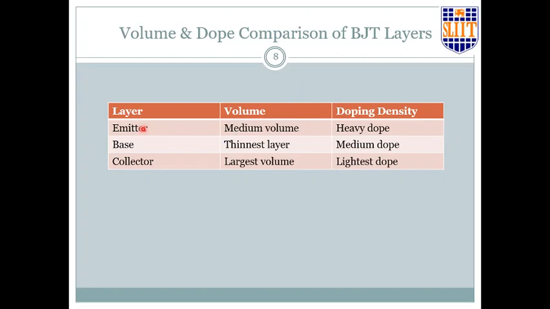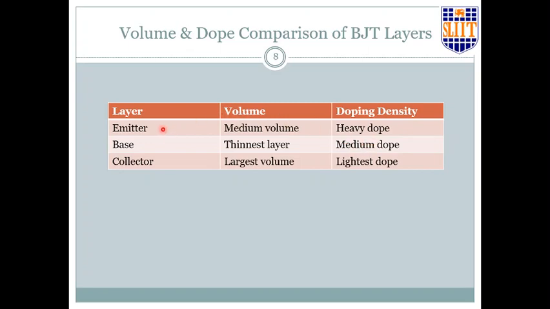Emitter, or we'll start with the collector. The collector has the largest volume, as we already know, and it has the lightest doping concentration. Largest volume and lightest doping concentration. The base is the thinnest layer, and it has a medium doping concentration.